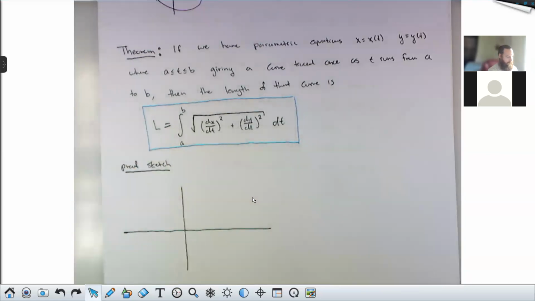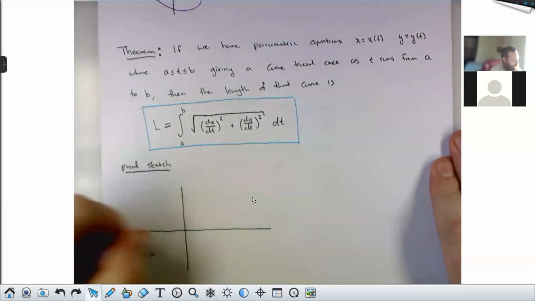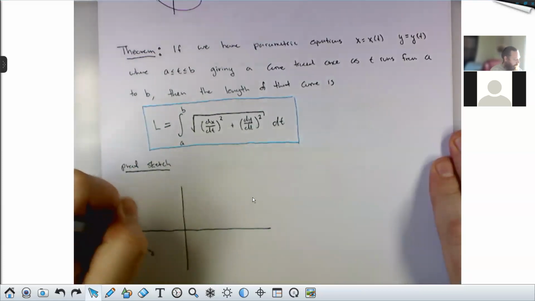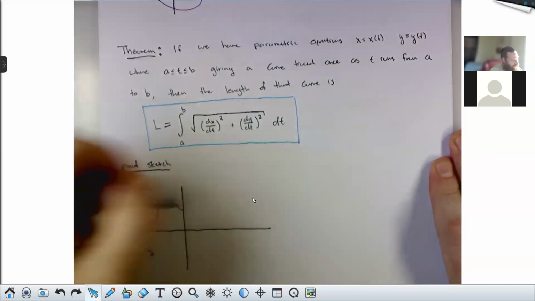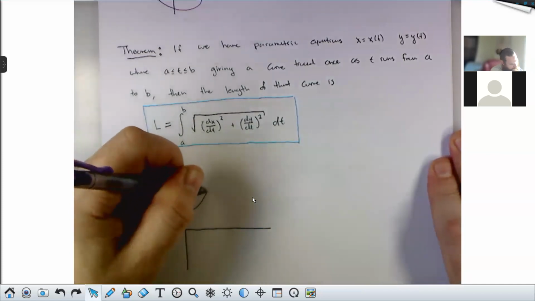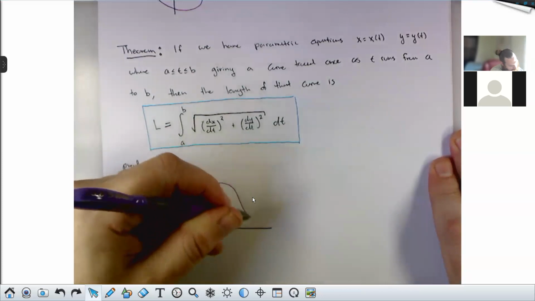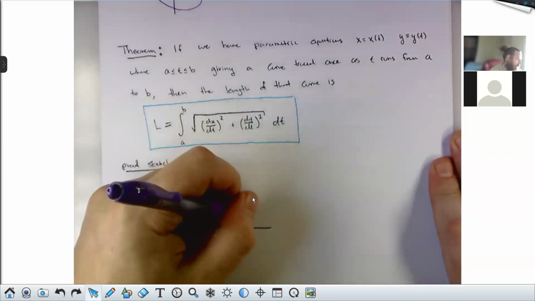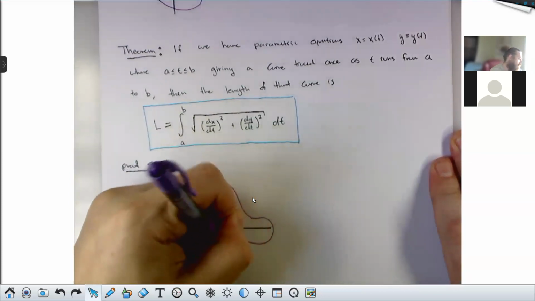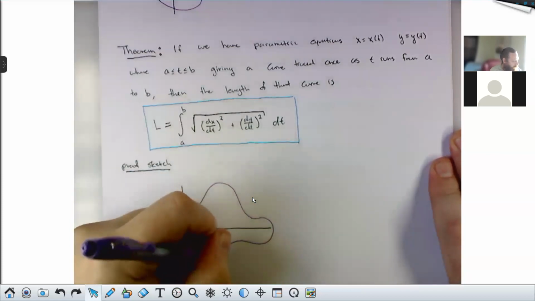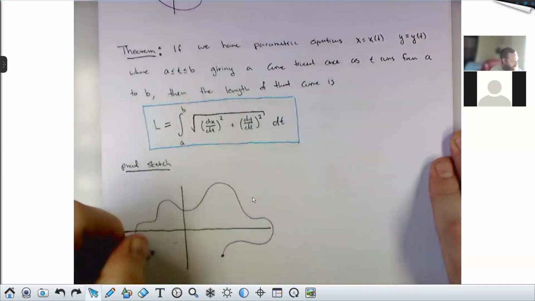A parametric curve, maybe with an initial point down here. And the terminal point over here, something like this.